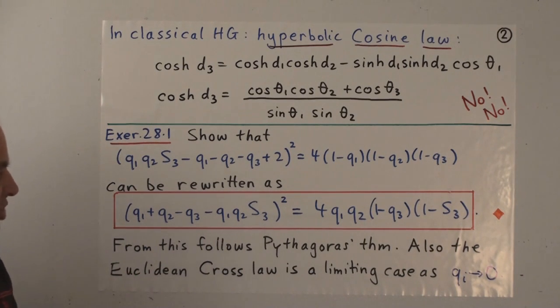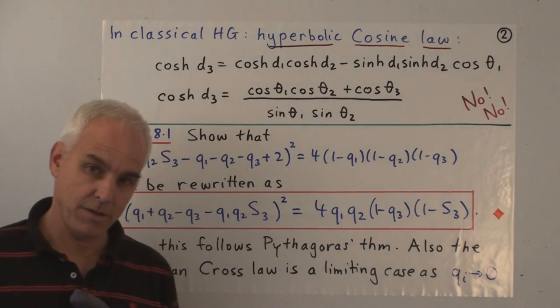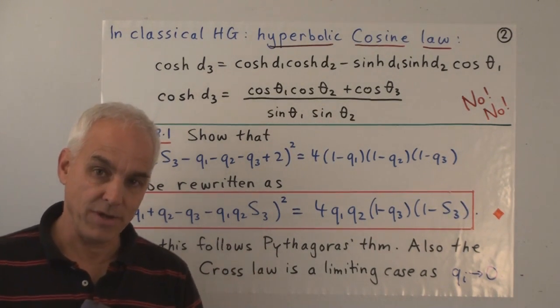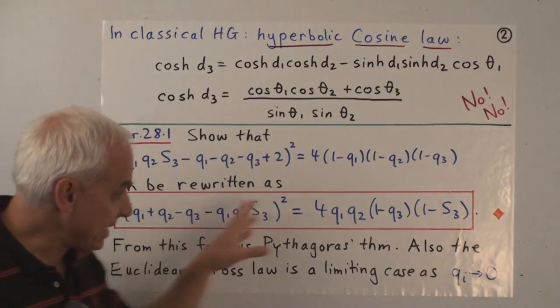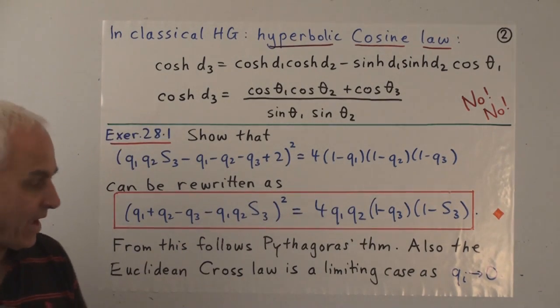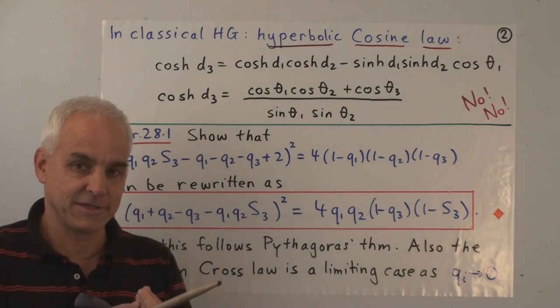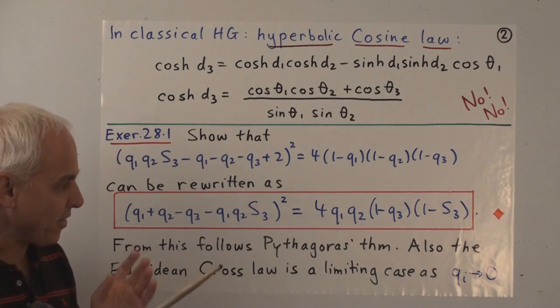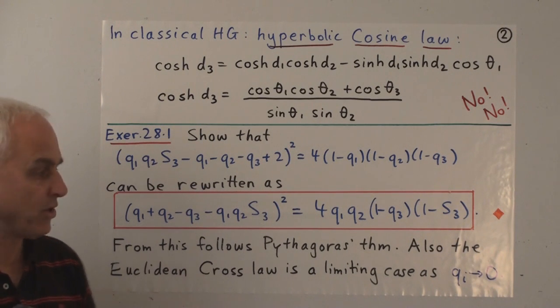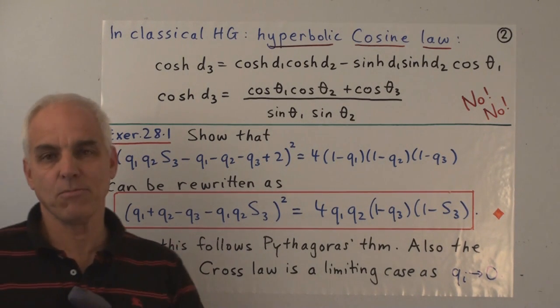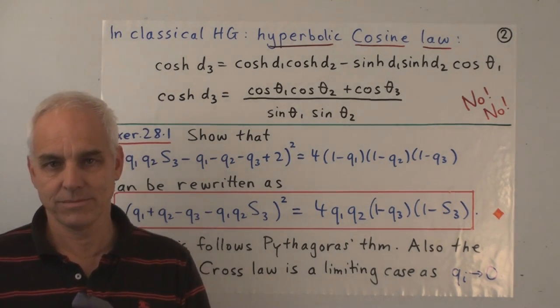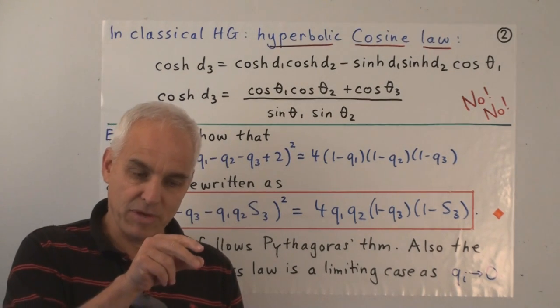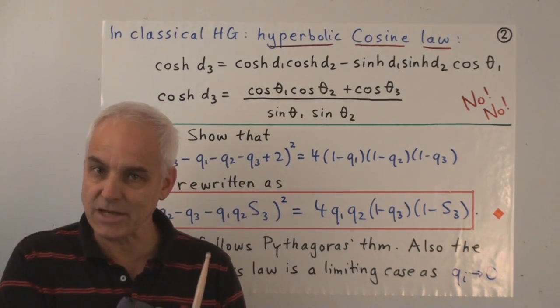Another interesting observation is that the Euclidean cross law that we started the lecture with can be seen in this law as a kind of limiting case. The limiting case is when the three quadrances, Q1, Q2, and Q3, are very small. This can happen if you have three points very close to the center of the circle.